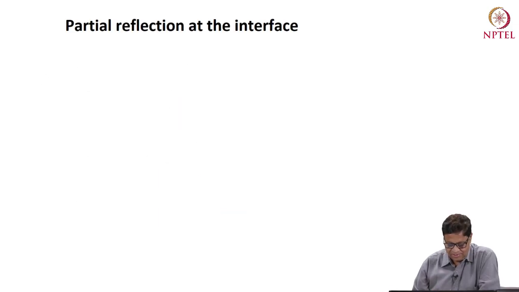So there is another thing which is happening here at the interface. Not everything which goes here and is inside the solid angle will go out of it. Some part will be reflected back, because the refractive index is changing at the boundary.